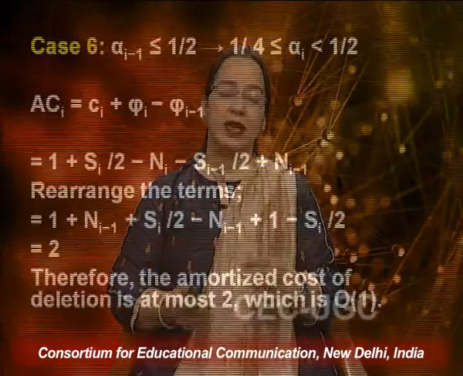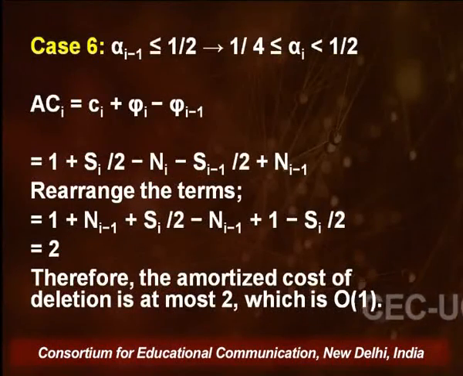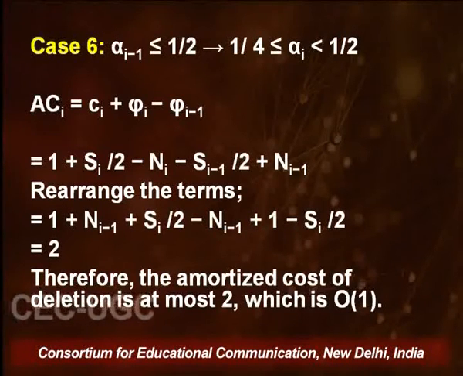Now, coming to the last case in which alpha of i−1, that means before the deletion operation, it was less than 1/2, and after the deletion operation it was obviously less than 1/2, but we can say greater than 1/4. So, the case which we have seen previously makes alpha i equal to 1/4. Here alpha i is very well less than 1/2, but it could be more than 1/4 also.